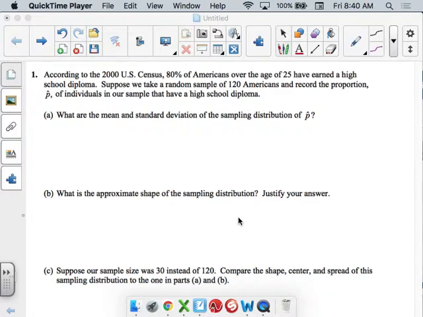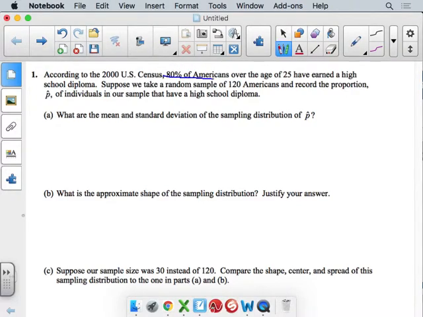So the first one here, we have the 2000 census: 80% of Americans over the age of 25 had earned a high school diploma. And we took a random sample of 120 Americans. The census is telling us our pretty good guess at the population.